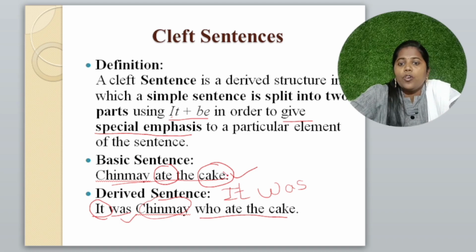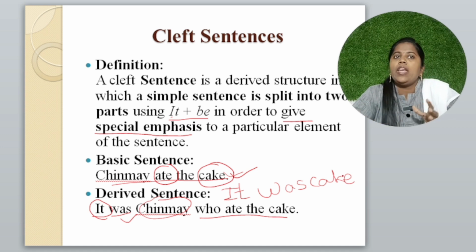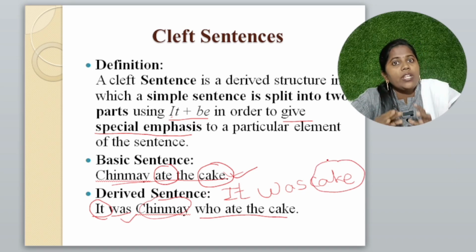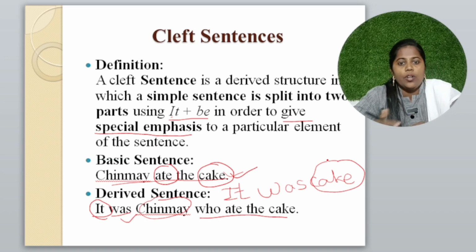But I want to focus now on cake. So what will I do? It was cake. See, it was cake which Chinmay ate. Means I focused on cake. Now cake is important for me. It was cake which Chinmay ate. Okay. In this way you can get cleft sentences.